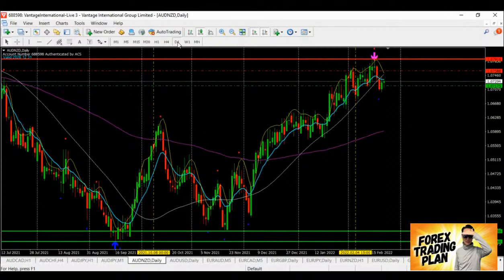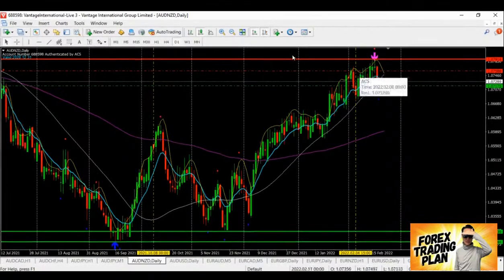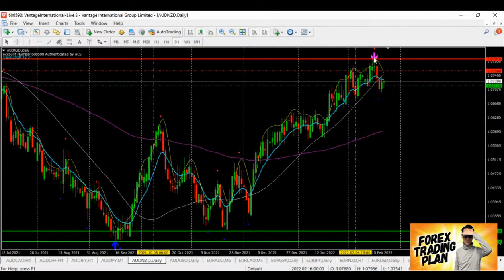Aussie Kiwi has been going up and down, testing the bear market. This is actually quite good. Now, testing on the bear market, what are we looking out for?